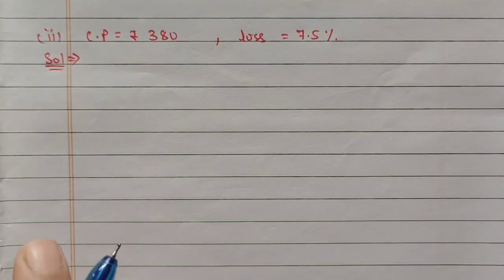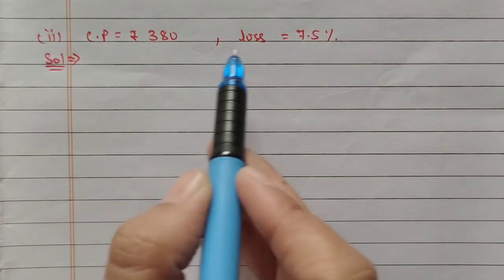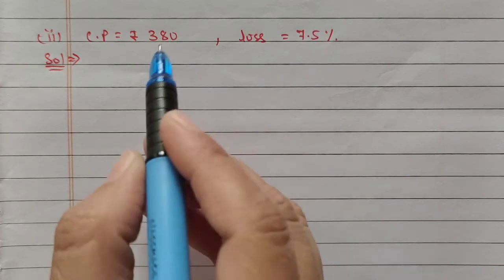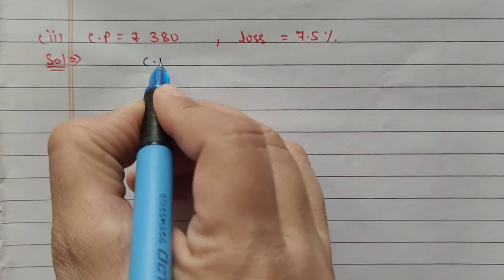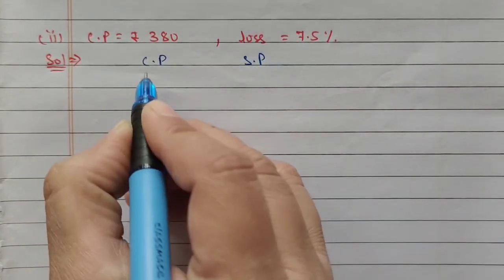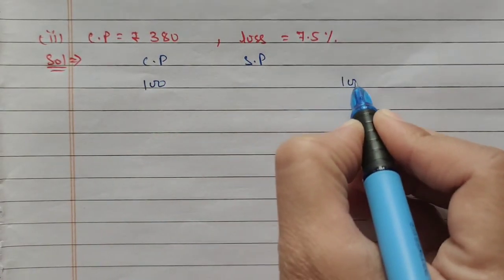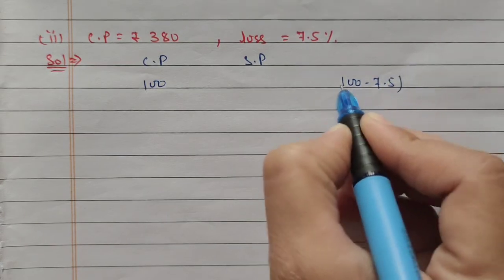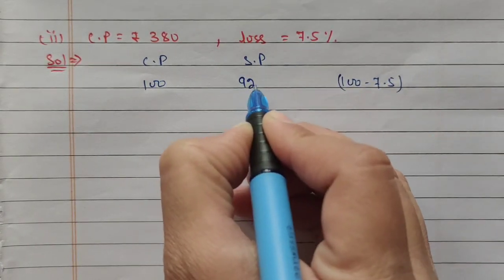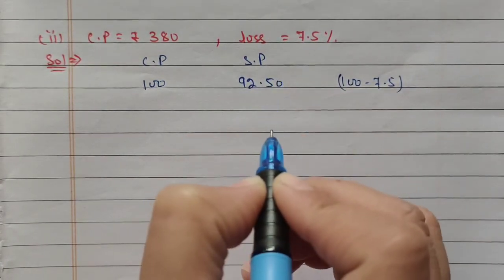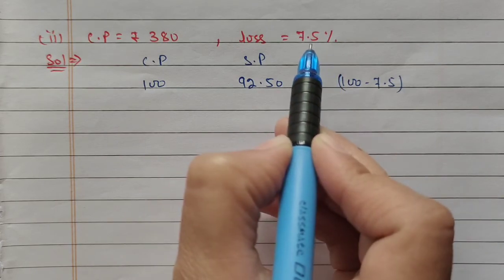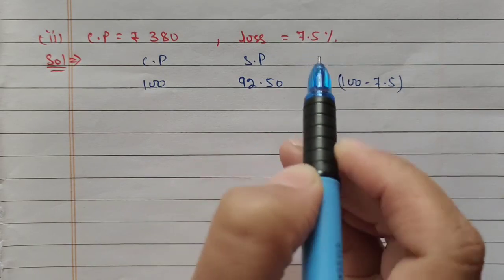Second part of question number 11. Cost price is given 380 rupees and loss is given 7.5%. So this also we will do with shortcut. If cost price we take 100 rupees then selling price will be 100 minus 7.5. It means 92 rupees 50 paise will be the selling price, because percentage means we are talking about 100.